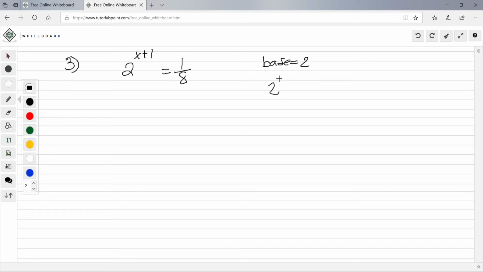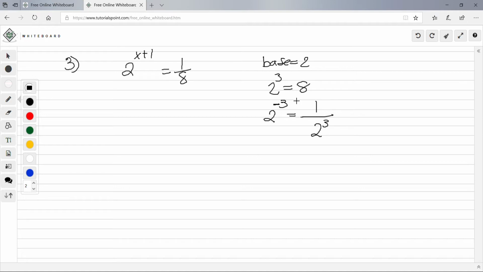We could say 2 to the 3 is the same thing as 8, right? Yes, but we have 1/8, so we need that 8 to be in the denominator. Couldn't we say 2 to the negative 3? 2 to the negative 3 is the same as 1 over 2 to the positive 3.